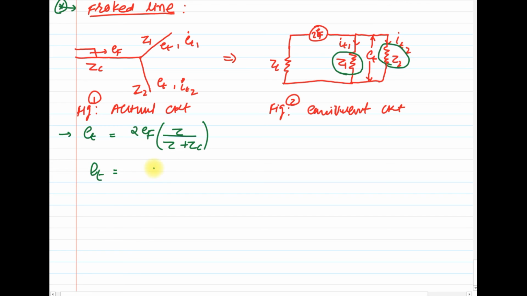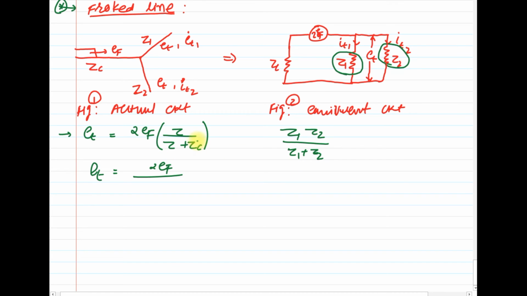So ET is equal to 2EF. Now instead of Z, we can write the equivalent impedance Z1 Z2 divided by Z1 plus Z2.